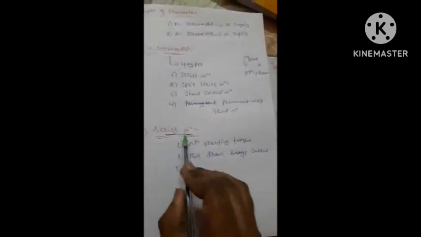Next point is, this DC series motor draws a huge amount of current. And the next point is, the speed regulation of this series motor is very less.